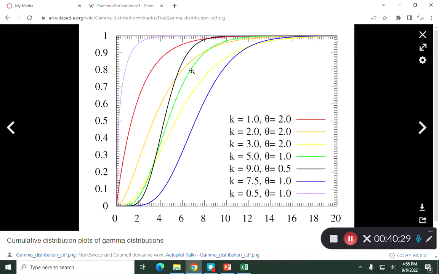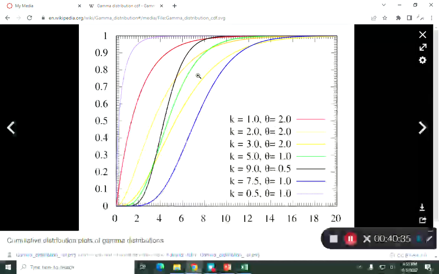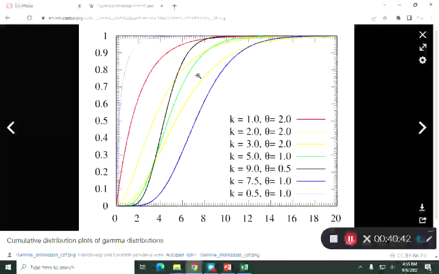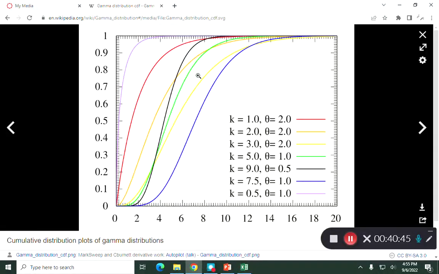Okay? So now you see when we start playing with this gamma distribution, we basically say, give me the data so I can figure out the k value, the theta value. Those parameters, we're going to use data to reflect.